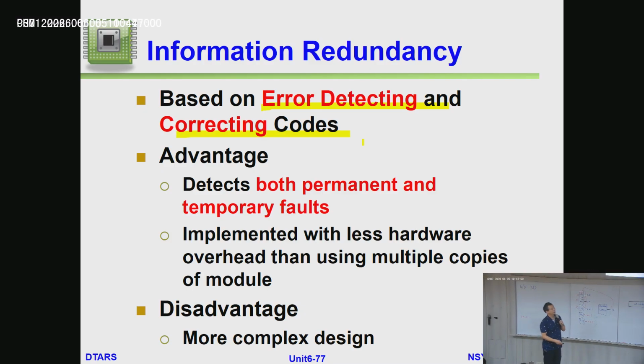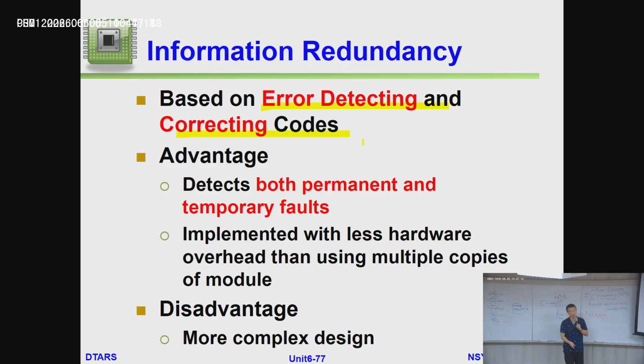So the advantage is that we can detect both permanent and temporary faults, and its hardware cost is less than that of hardware redundancy-based methods. For these ECC methods, our hardware is used to encode and decode your information. So later, for ECC, we will need to care about how to encode your signal and how to decode your signal.